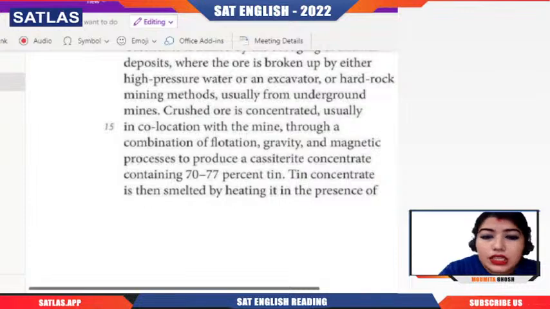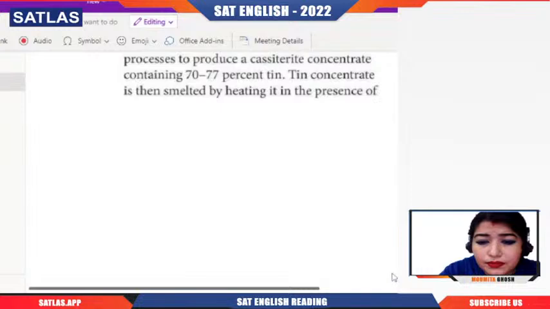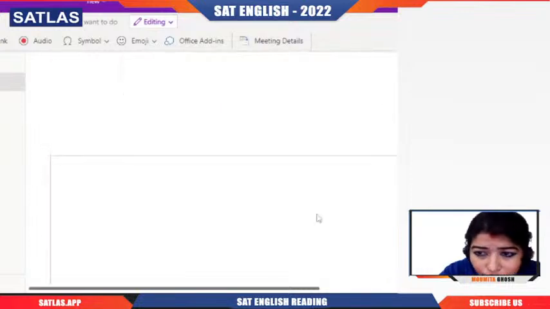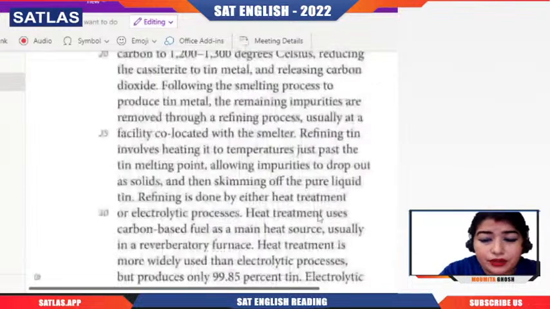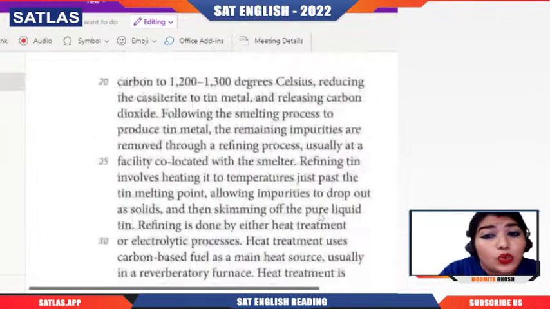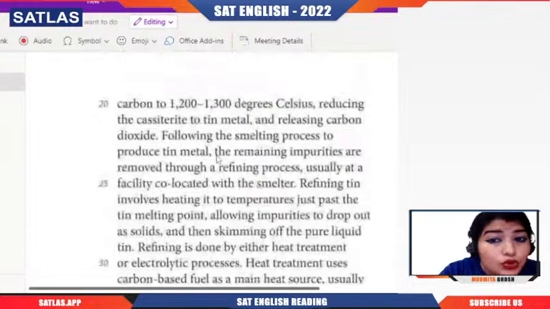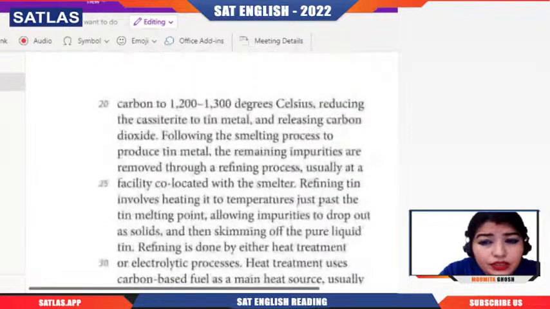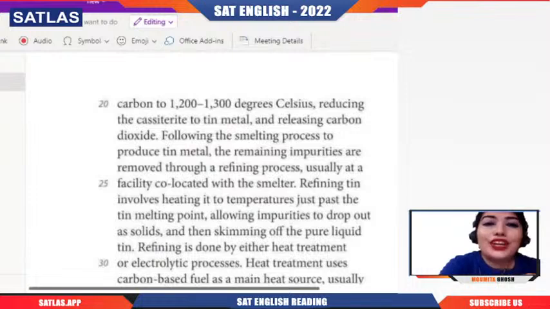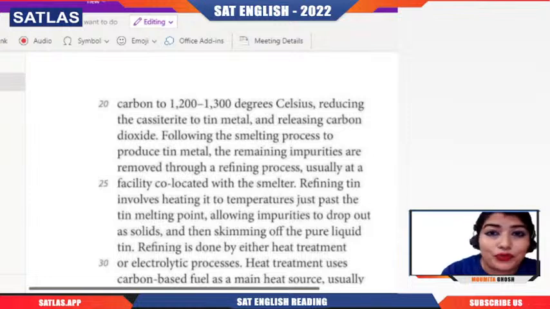Tin concentrate is then smelted by heating it in the presence of carbon to 1200 to 1300 degrees Celsius. So can you just imagine the temperature? We all get totally smashed and blazed in 50 degrees Celsius or 48 degrees Celsius.